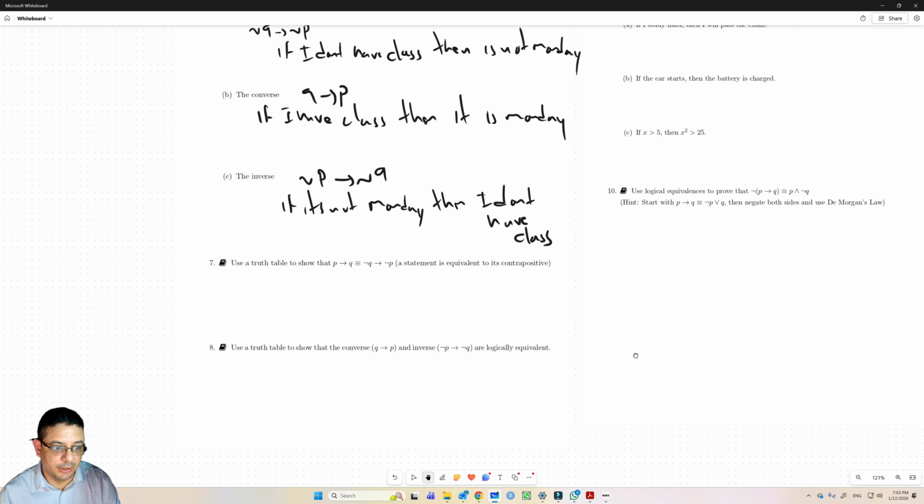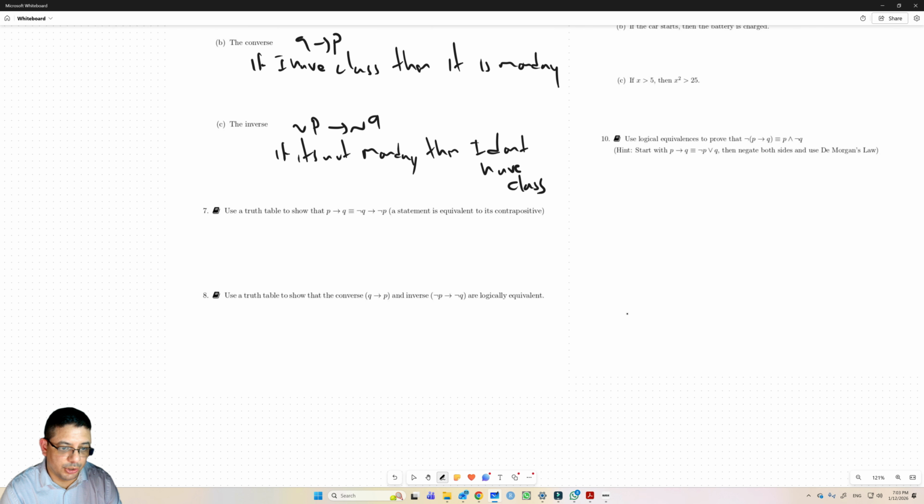Now, let's use a truth table to show that P implies Q is equivalent to the contrapositive. So once again, P: true, true, false, false, and then Q: true, false, true, false. P implies Q, we should know, is true, false, true, true.